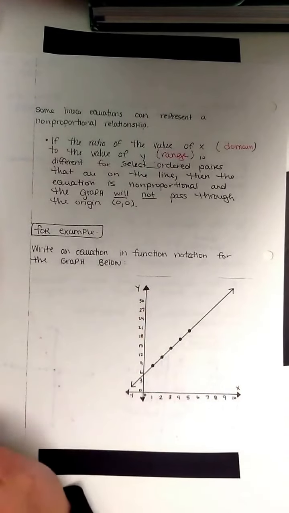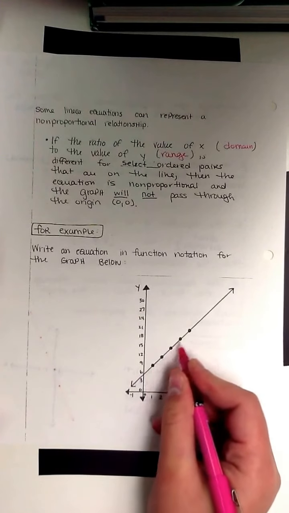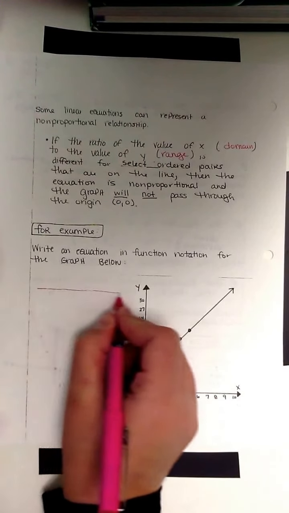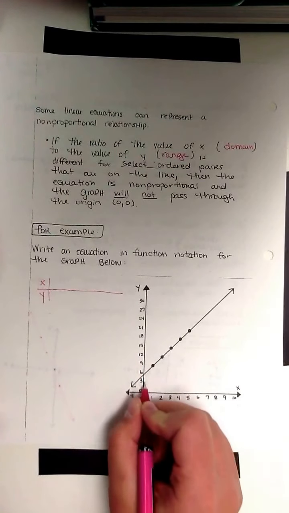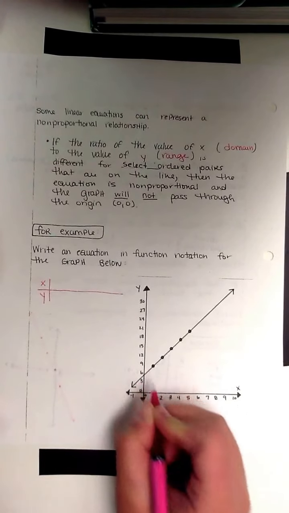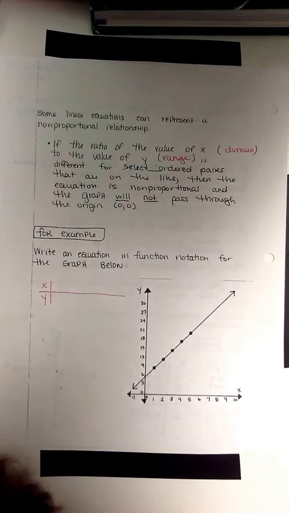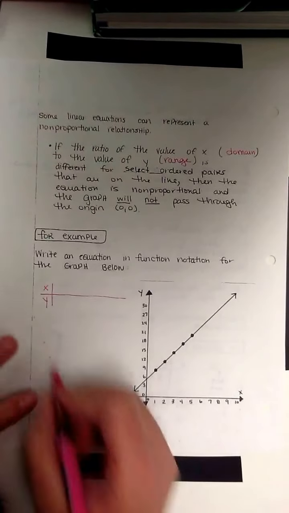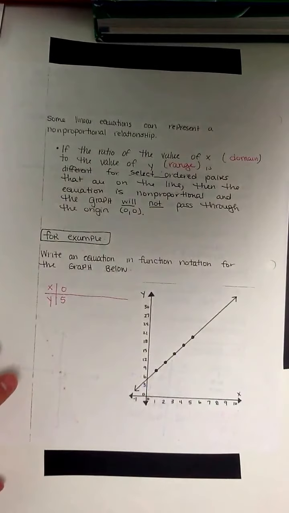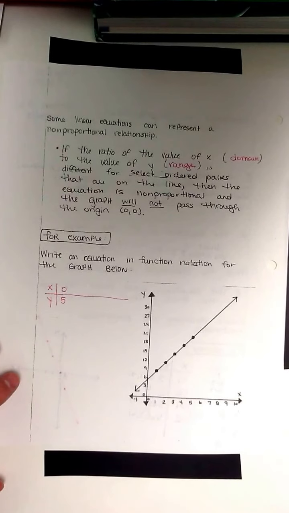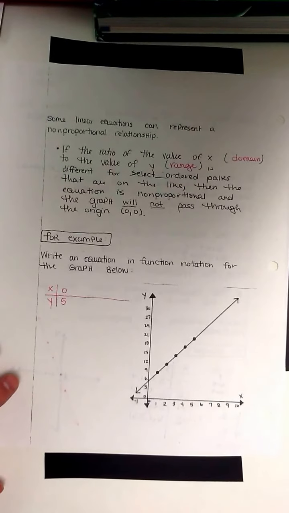So over here, we're going to do an example. Let's pick the points off of this graph. I'm going to list them like this. At 0, we're at 6.